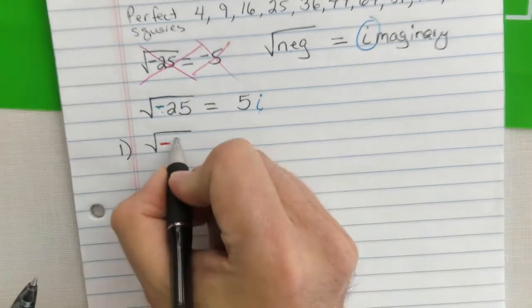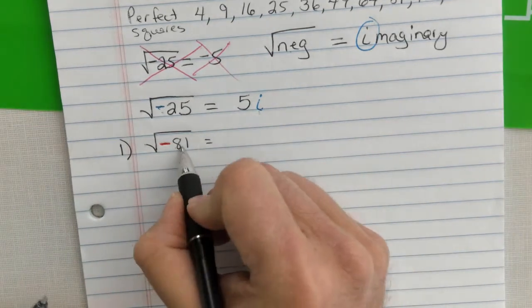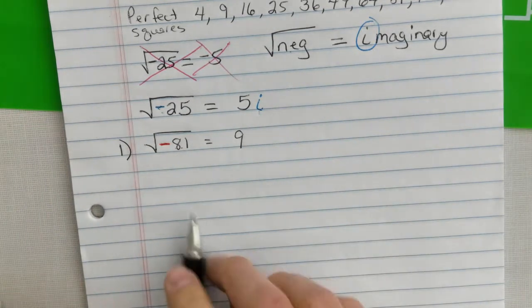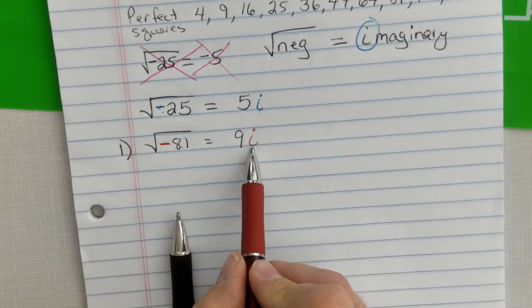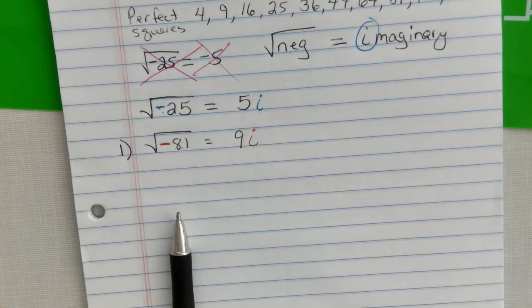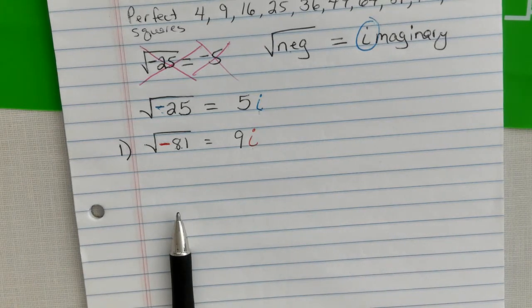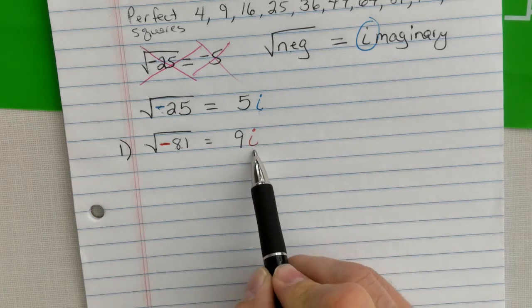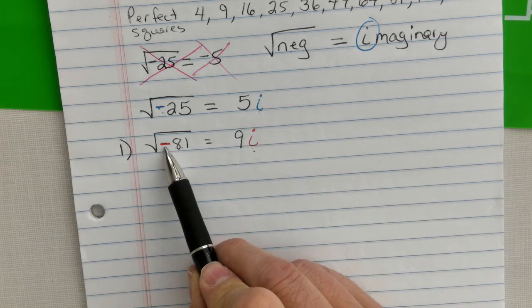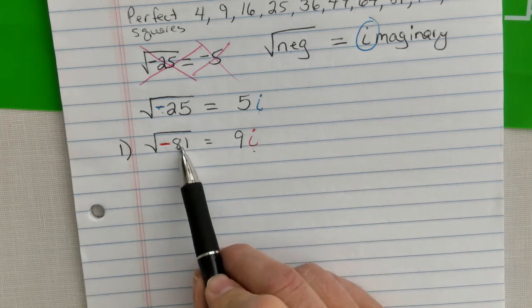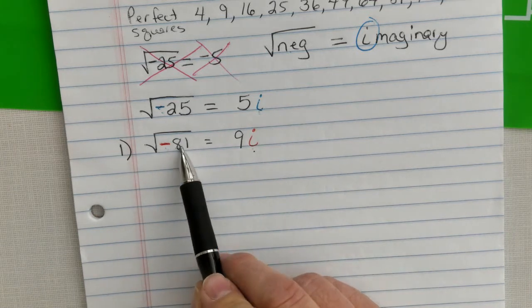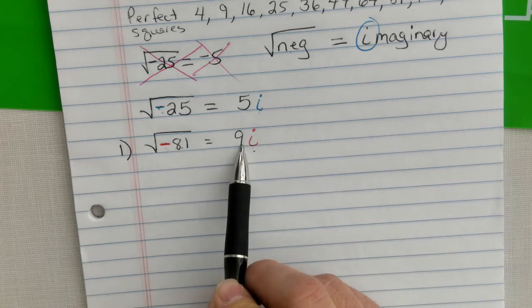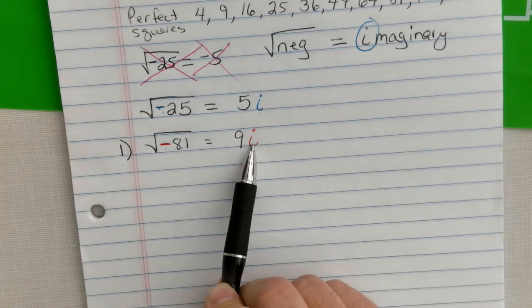Well, the square root of 81 is 9. The square root of a negative is an imaginary. So we have this red i here because I knew I was going to forget to toggle back. We have this red i here because of the red minus. So to simplify the square root of a negative number, you simplify the square root of the positive in the normal way, and then just stick an i on it.